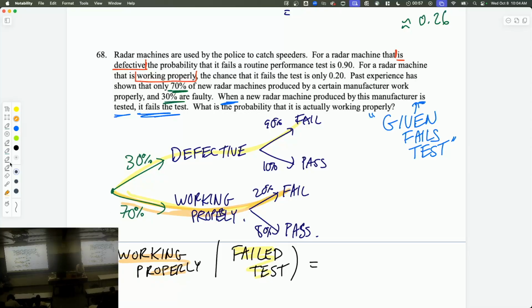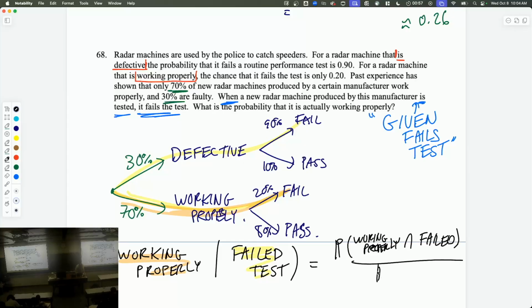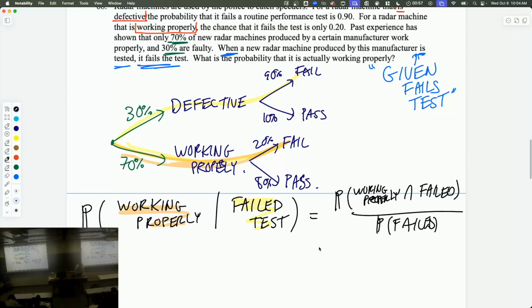So you could write out the formula: probability of working properly and failed, divided by the probability of failed, which in this case is the sum of 2 things. The probability of working properly and failed is 0.7 times 0.2, and the probability of failed is 0.7 times 0.2 from that branch, plus an additional 0.3 times 0.9. So that is the final answer that I got.